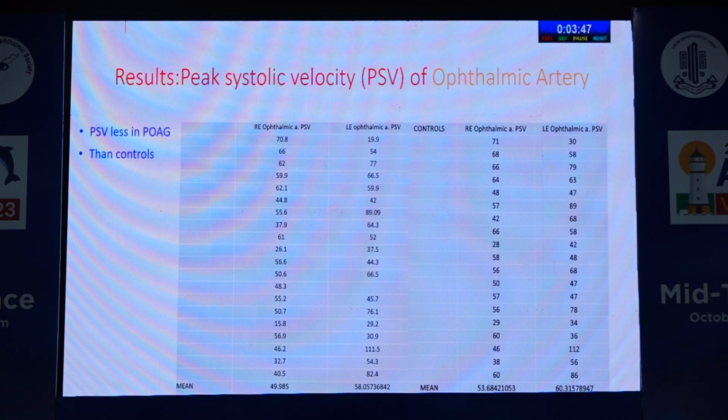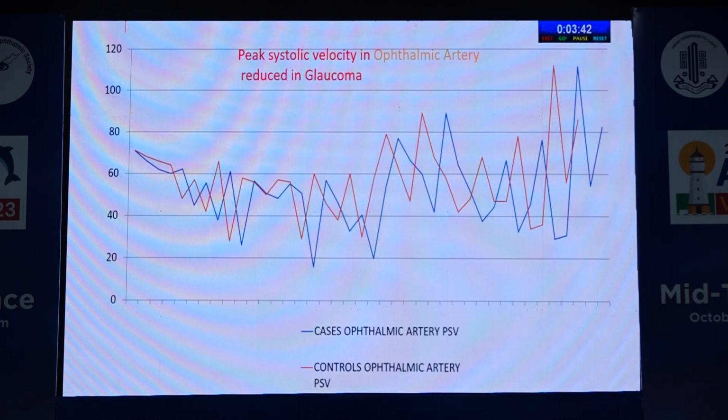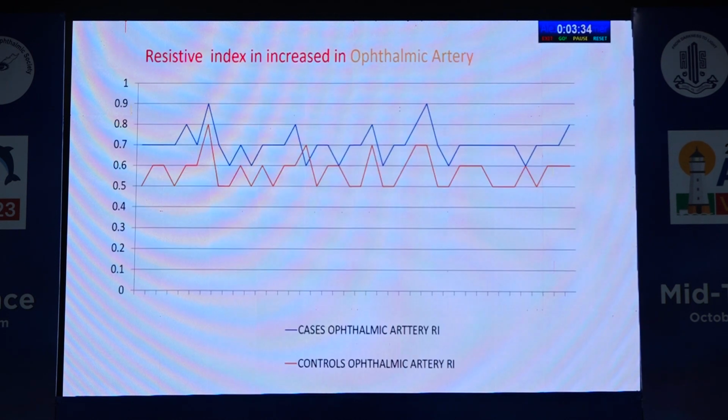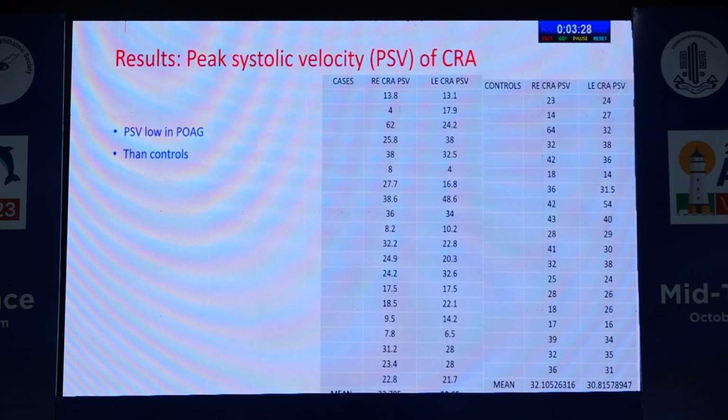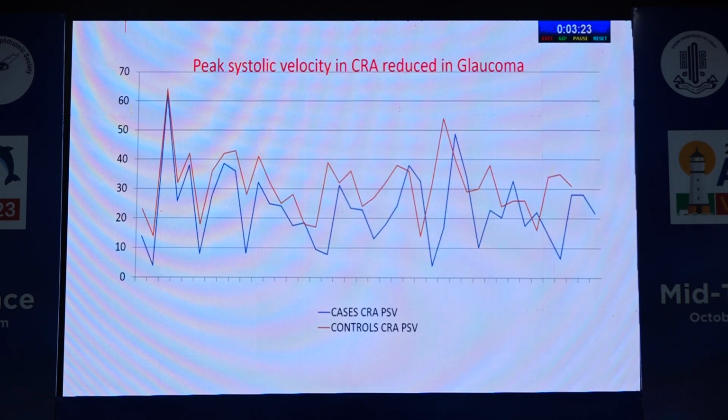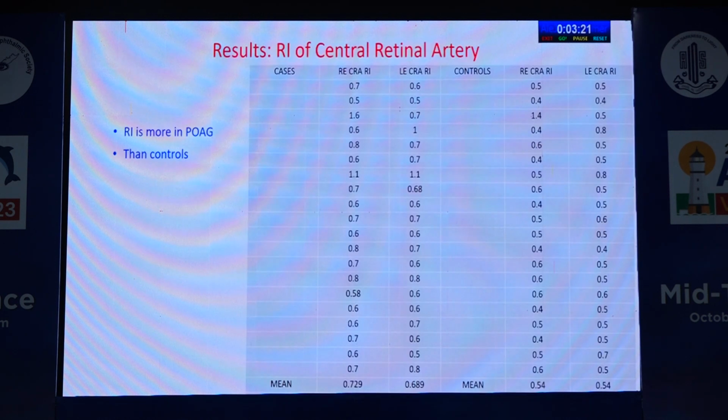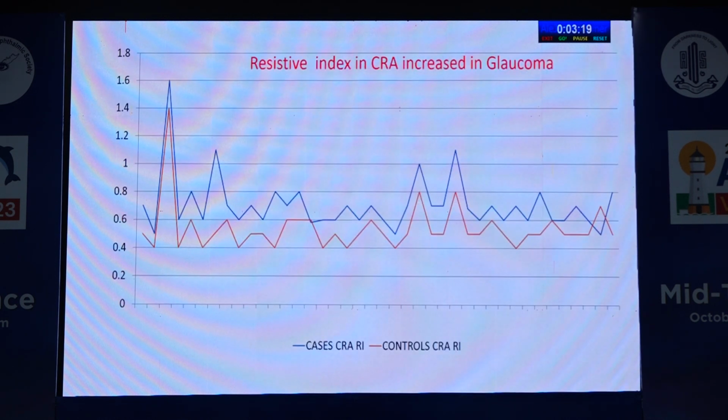These are the readings, and we found that peak systolic velocity in the ophthalmic artery is reduced in glaucoma, whereas the resistive index is increased both in the ophthalmic artery as well as the central retinal artery. So in the central retinal artery, the systolic velocity is reduced and the resistive index is increased.